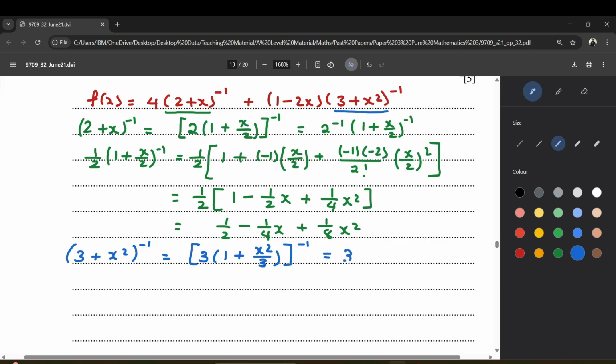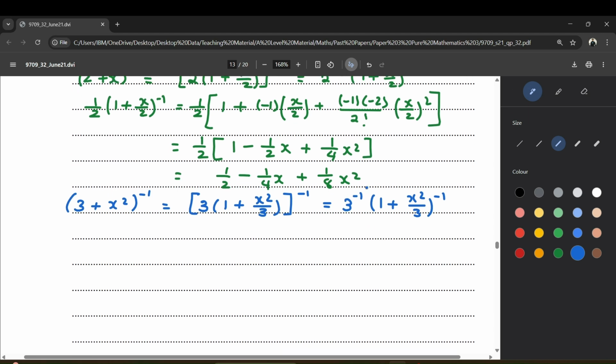So this will be 3 to the power minus 1 times 1 plus x square upon 3 to the power minus 1. So 3 to the power minus 1 is 1 upon 3, and this will be 1 plus x square over 3 to the power minus 1.